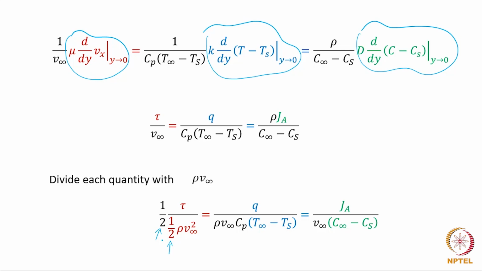So we want to have that half there, so we have multiplied and divided the first term alone with half. The second and third terms are not modified like that. All the three terms have been divided with rho V infinity. So now we can see that there is something that is familiar here, and also something that is familiar here. So we will look at them in a moment.